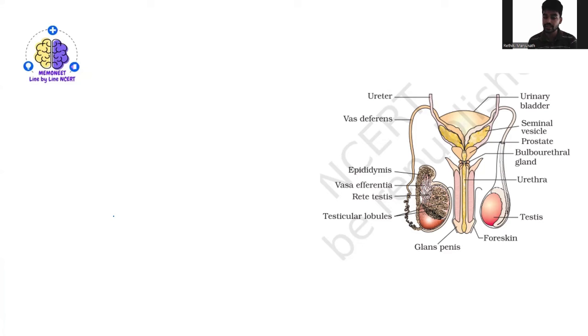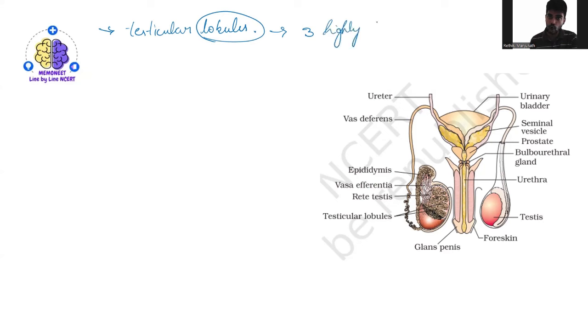Each lobule contains three highly coiled seminiferous tubules.